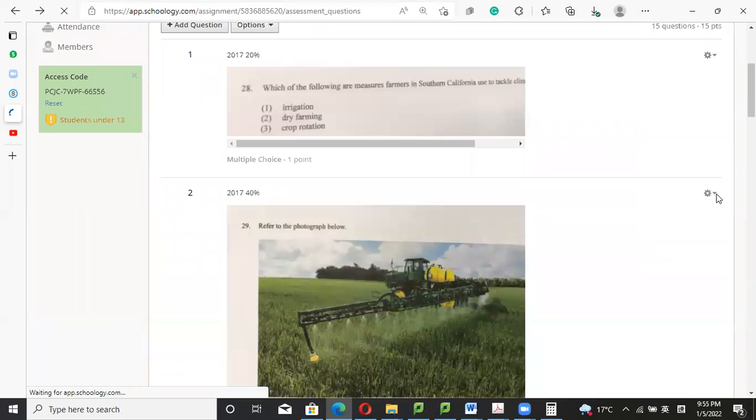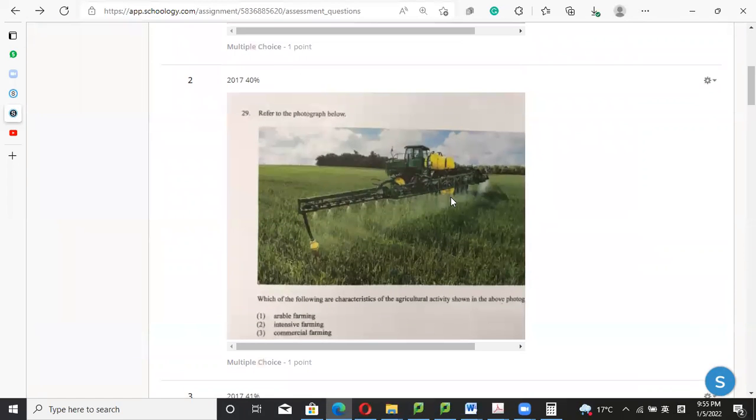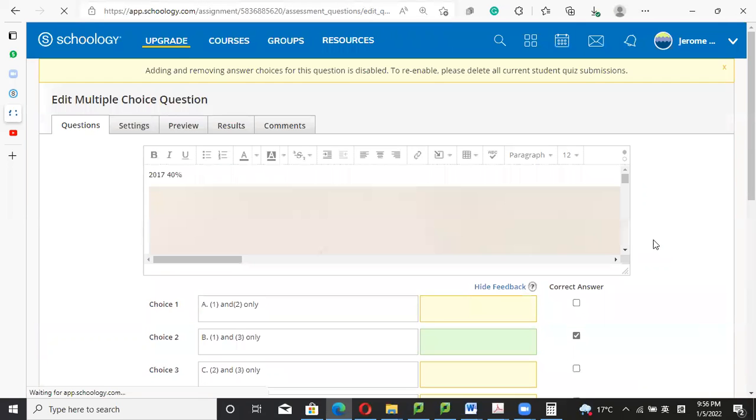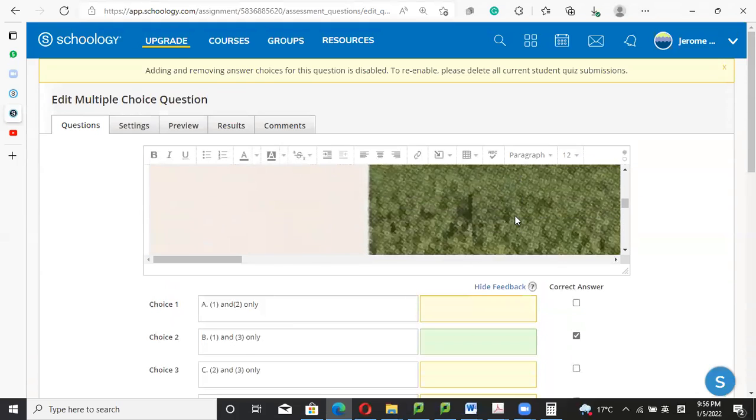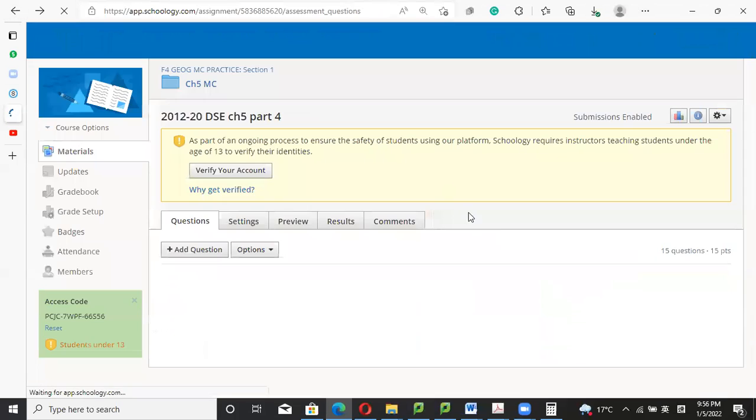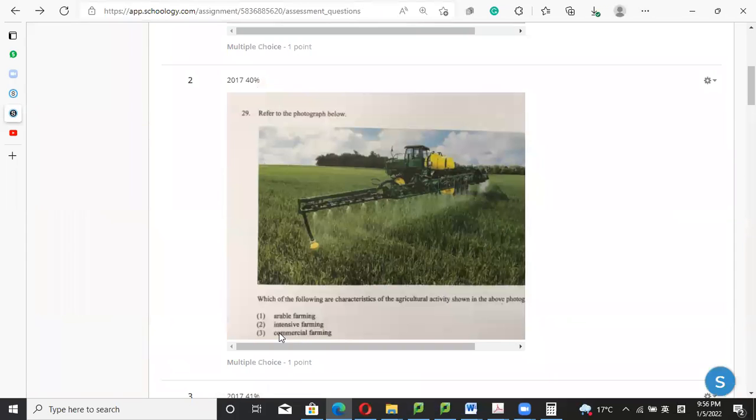Okay, and then number 2, you can see this kind of thing. What is the farming method here, the characteristic of farming here? Number 1 and number 3, I think you can find it, but for number 2, you are a bit hesitant, thinking whether this is right or wrong. If we are talking about a large land, you know it's 1 and 3, okay? The answer should be 1 and 3.